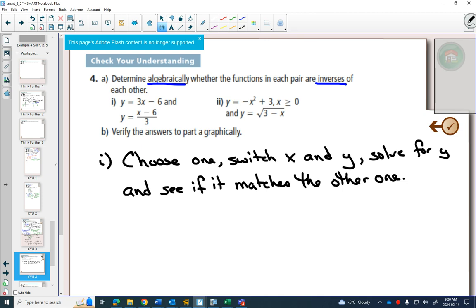If we want to show it algebraically, we're going to choose one of them. We're going to switch the x and the y, and we're going to solve for y. If they match up perfectly, then you know they're inverses. If they don't, they're not inverses.